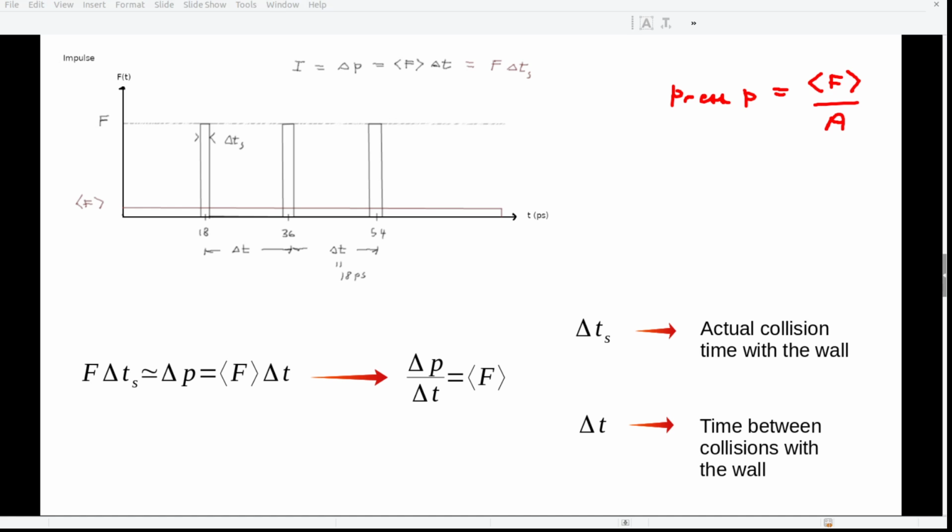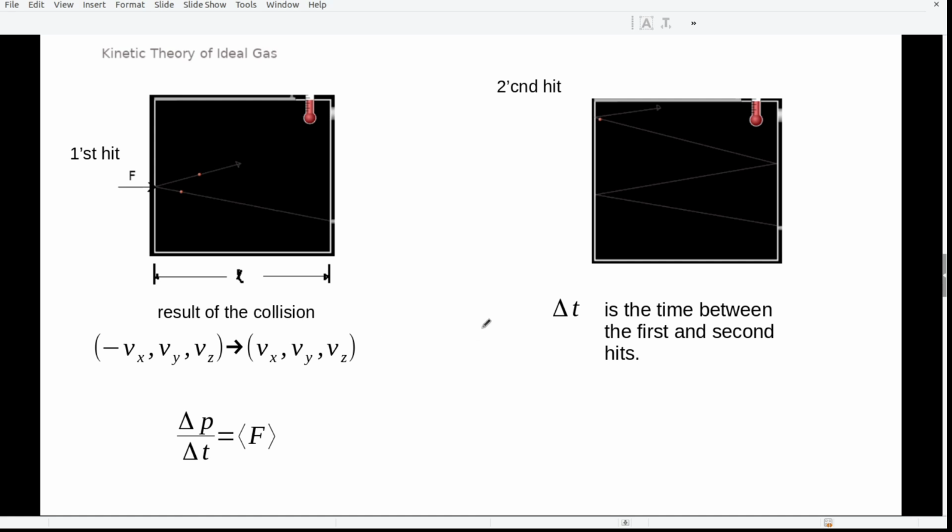We're close to figuring out the average force. It's the change in momentum over the change in time. The change in momentum we have right there is 2mvx, 2 times the change of velocity in the x direction. The time, well, we know that's the time between collisions with the left-hand wall.